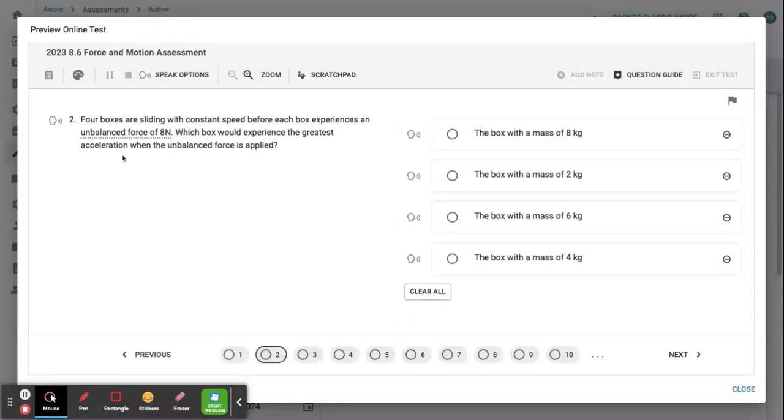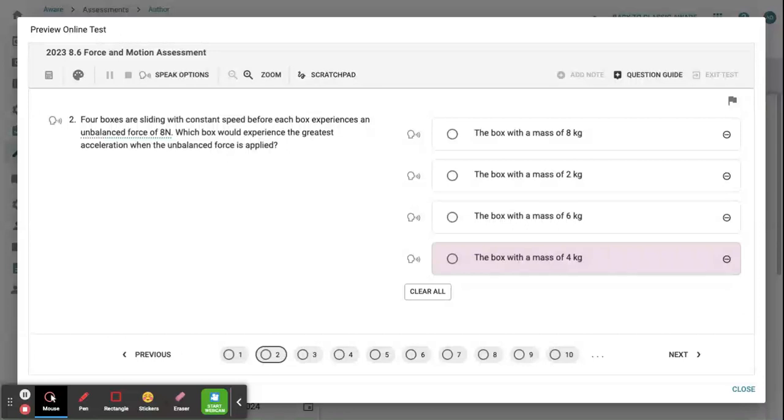Four boxes are sliding with constant speed before each box experiences an unbalanced force of 8 newtons. Which box would experience the greatest acceleration when the unbalanced force is applied? Well, all of these boxes are experiencing the same amount of force.